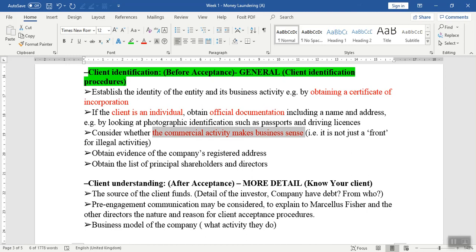They say they sell something, but maybe the money is actually from gambling, and they say the money is from the meals or from the restaurant. Okay, and after that you get evidence of the company's registered address, and obtain the principal, shareholders and directors. Okay, you don't need to write too many answers, depending on the marks.